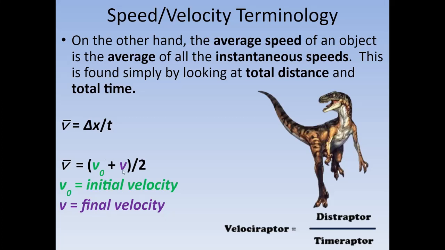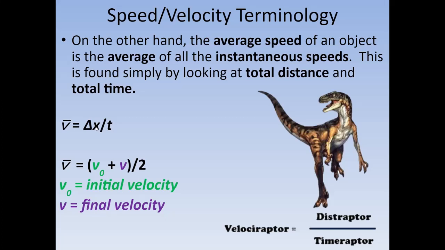Now, one thing I should also point out is this v technically can also represent velocity. So this equation can represent the average velocity. So what changes about this equation if this is being used to calculate average velocity? Well, instead of it being distance over time, average velocity would be displacement over time.